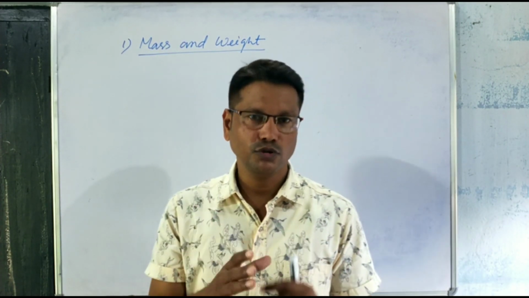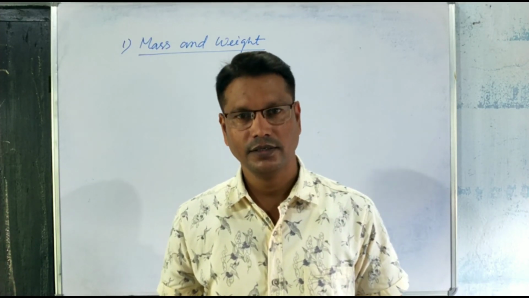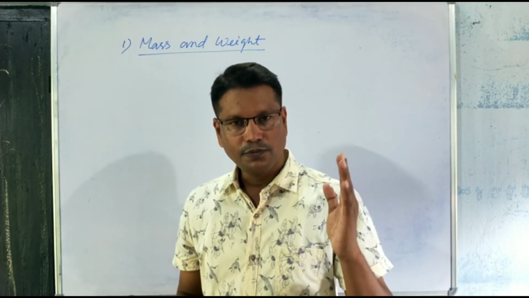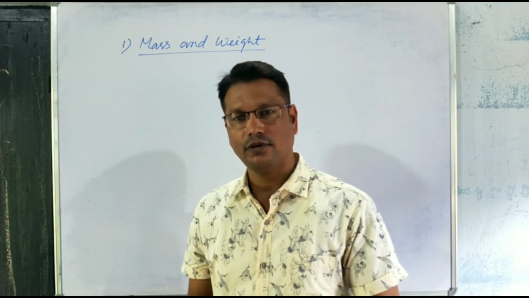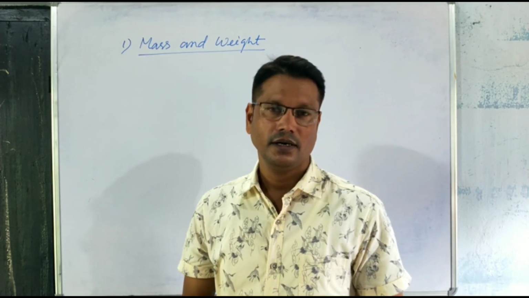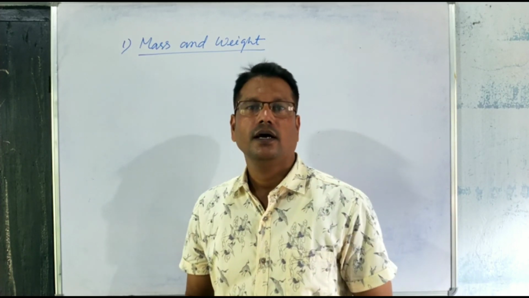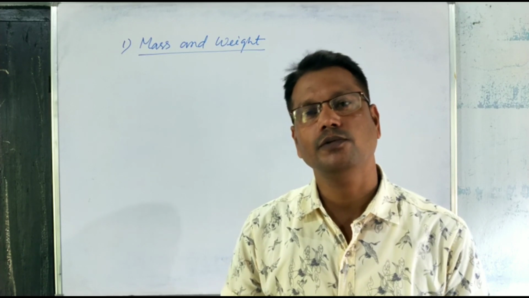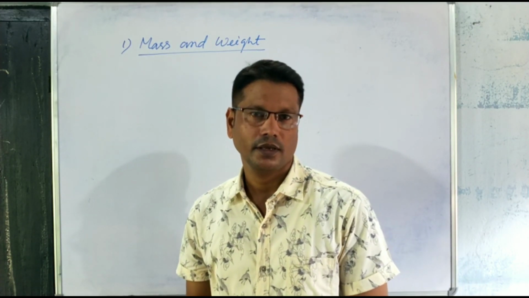The amount of substance present in an object is what we call mass. On the other hand, weight means the gravitational force acting on that object. That is, the amount of gravitational force being applied on that object is what we call weight.